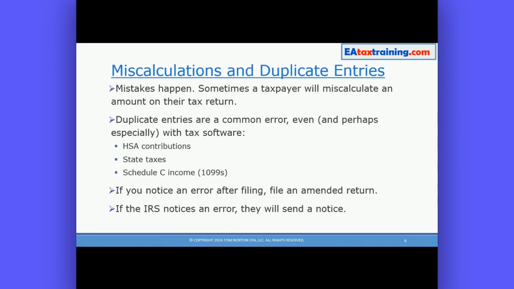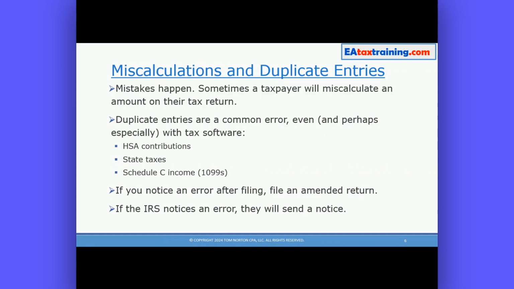Having said all of that, mistakes do, of course, happen. Sometimes the taxpayer or you as a preparer will make an error. A lot of times, errors are made due to duplicate entries. So the software is great and it will try to pick up information anywhere it can to use in other parts of the software.